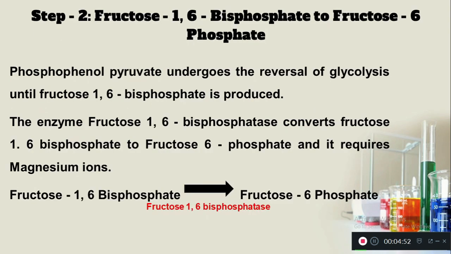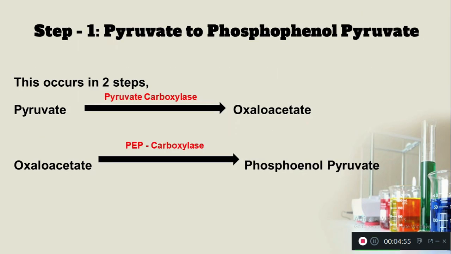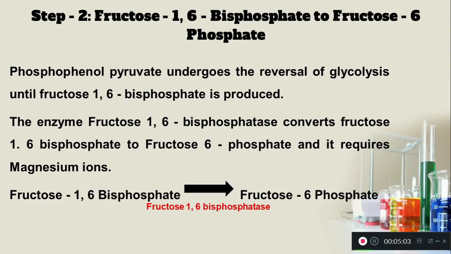The step 2, so you can see the first step, the oxaloacetate is converted into phosphoenolpyruvate, and the second step, up to fructose 1,6 bisphosphate, the steps are same like glycolysis. So the phosphoenolpyruvate which is produced in the step 1 will undergo various changes, and it comes to the product fructose 1,6 bisphosphate. The in between steps are same like glycolysis in the reverse order.